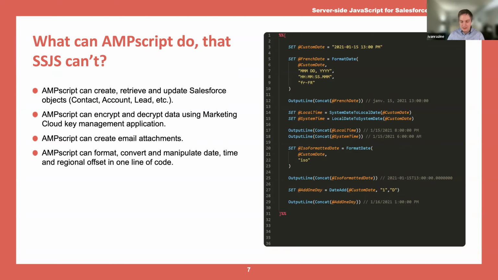Because, and I'm telling you this in advance, there's JavaScript behind server-side JavaScript, right? The basic language is an old version of JavaScript, so it does not have all the functions that we would normally use to manipulate and format dates in the current iteration of JavaScript. So we have to go through math and other calculations.